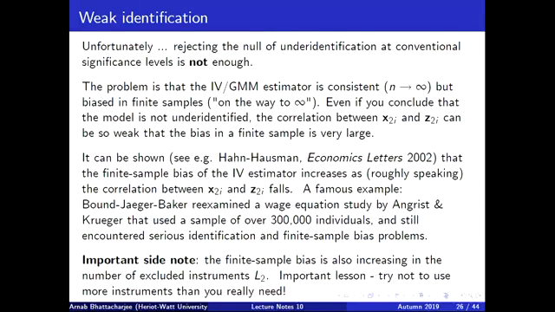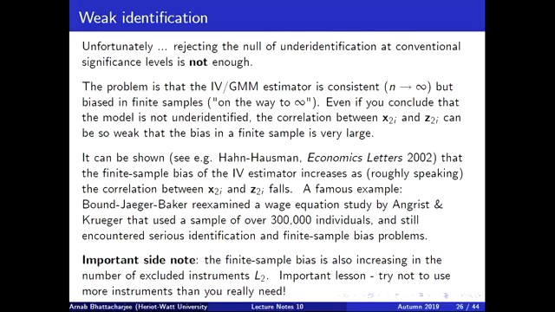In fact, as we have pointed out, we discussed this earlier, this actually comes from Hahn and Hausman. The finite sample bias of the IV estimator increases as the correlation between X2i and Z2i falls. That is quite intuitive, right?